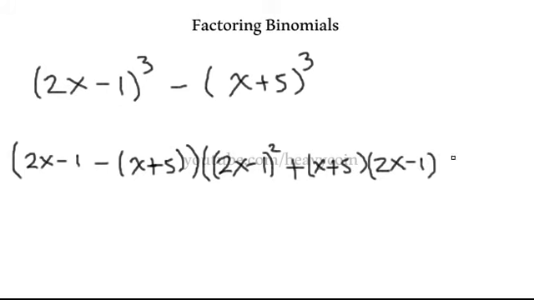And then, of course, remember this is always a plus here. And then it's x plus 5 quantity squared. And, of course, we need to sneak in a parentheses right there.